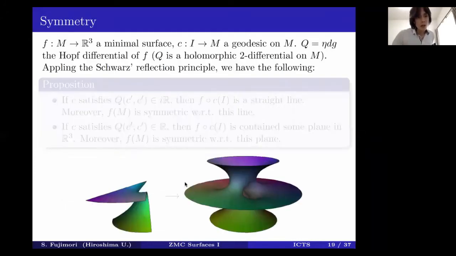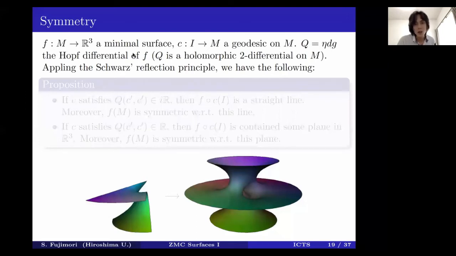And also, an important property of minimal surfaces is symmetry. To explain this, let F be a minimal surface and C a geodesic on M. And we set Q equal to eta dg.